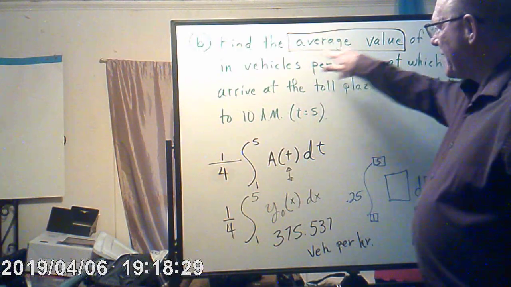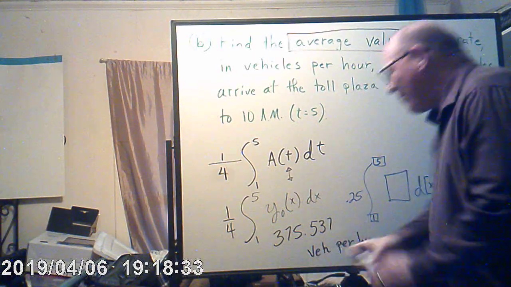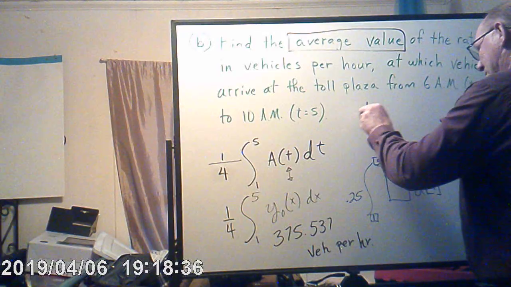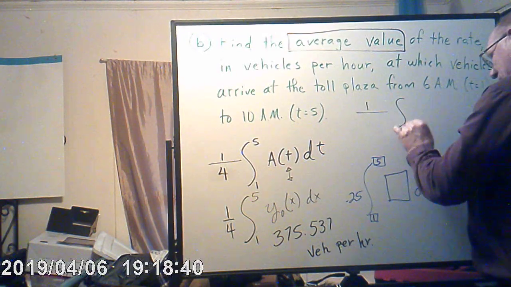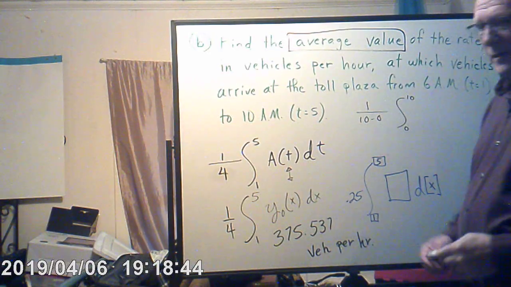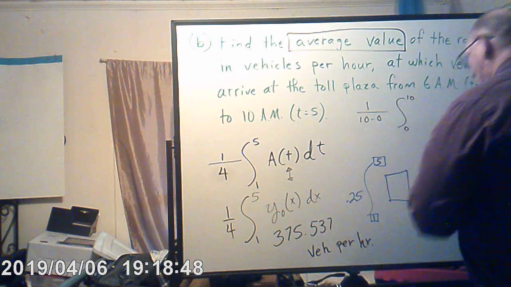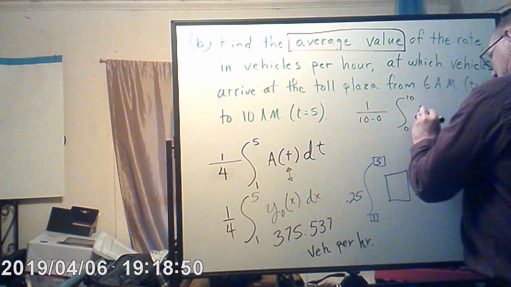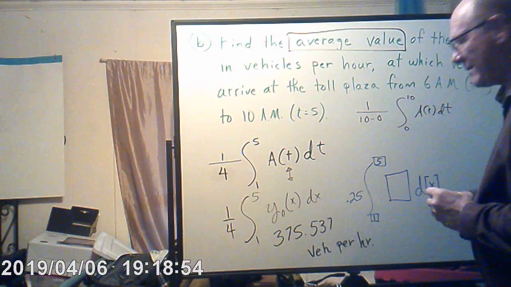Now, anytime you see average value, it's always going to be 1 over whatever the interval is. So, let's say the integral is from 0 to 10, you will have 10 minus 0. Okay, like that. So average value is always, we'll just call it, A at T dt.